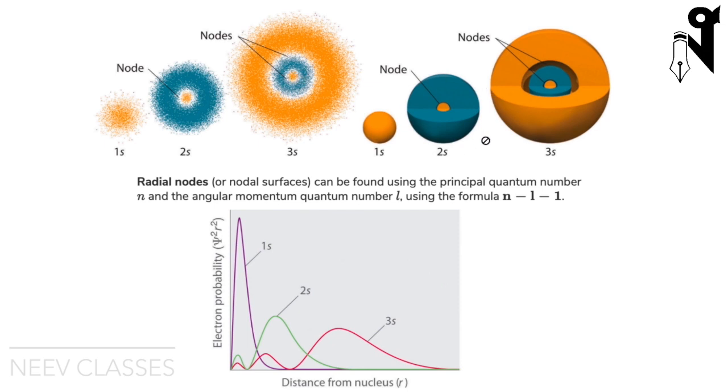But this one, if you look at this diagram again, it is showing at the nucleus also. If it is showing at the nucleus also, it is probability density. So at the nucleus it should be 0. If you are showing probability at the nucleus, it has to be 0, which they have not put.